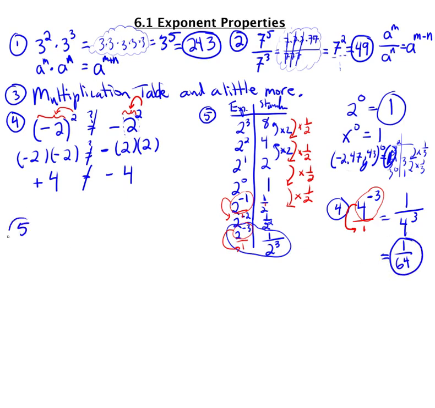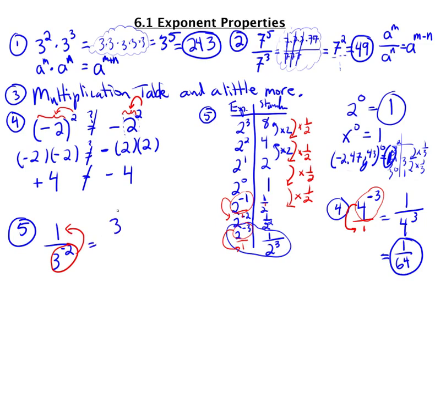All right, example number 5. We get into more examples. 1 over 3 to the negative 2 power. So now our negative exponent is in the denominator, so to make it positive, we will take that exponent with its base, what's right in front of it, and move it to the top to make it a positive exponent.